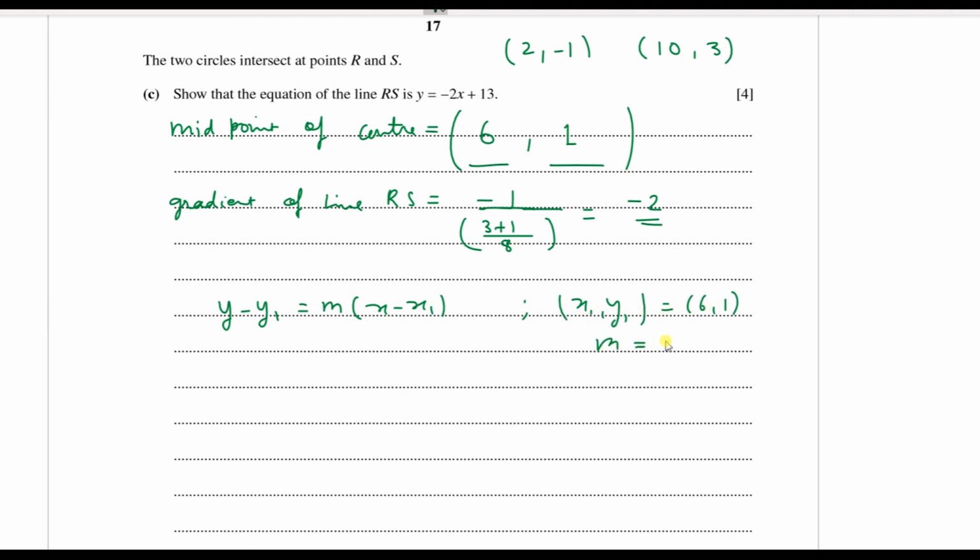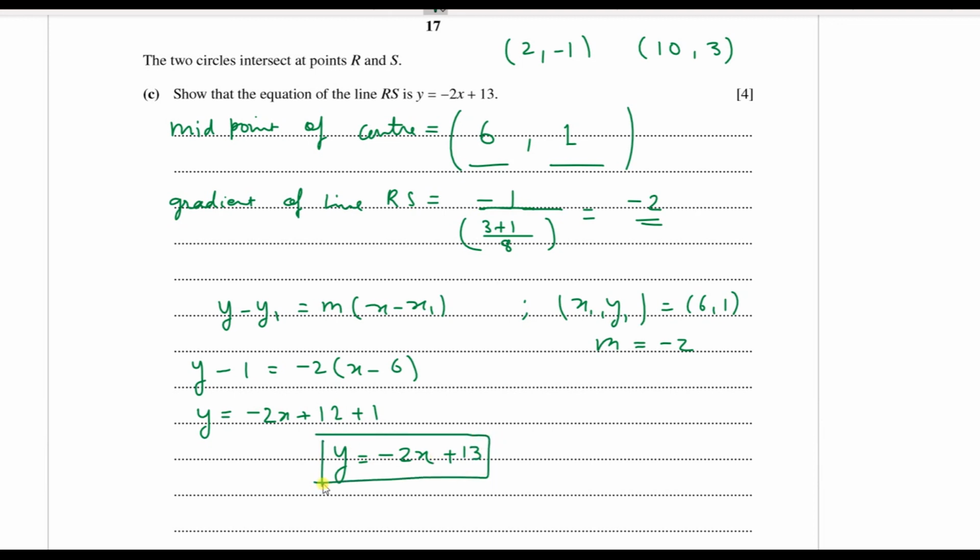So it is y minus 1 equals minus 2 times x minus 6. We can simplify it and show this is going to be the same. Minus 1 will go there, it is minus 2x plus 12 plus 1, so we have the same answer and it is proved. I hope it is clear.